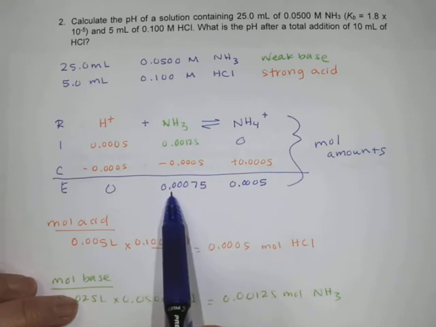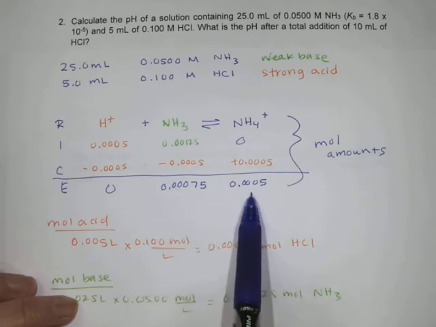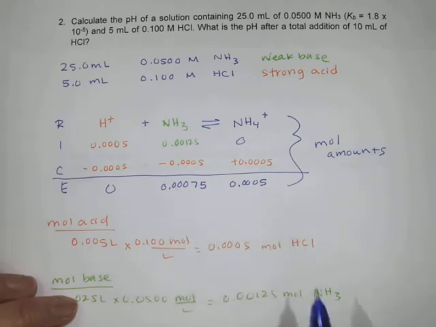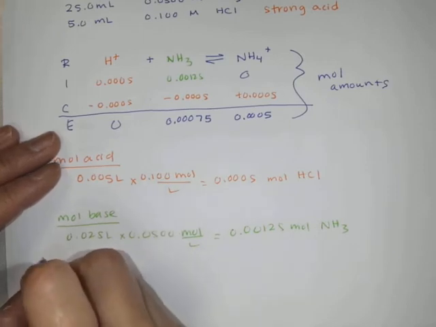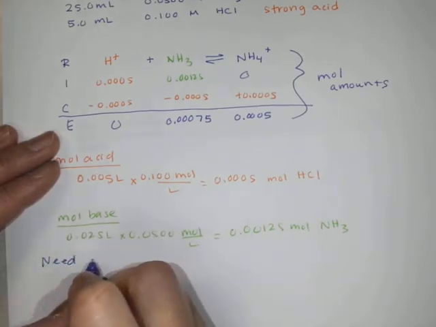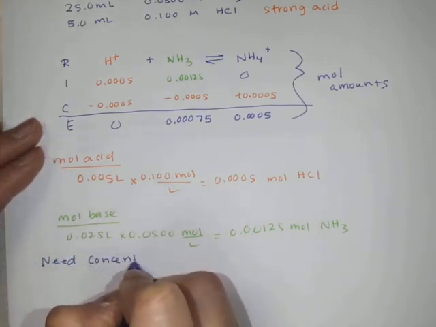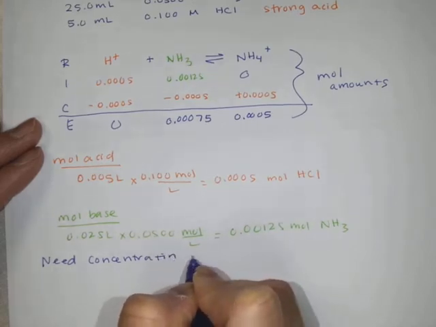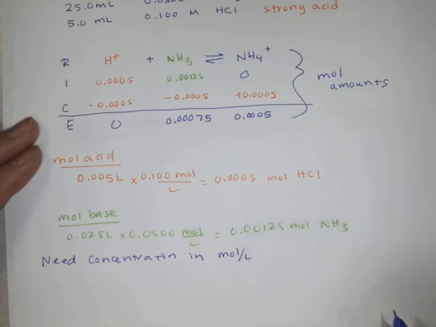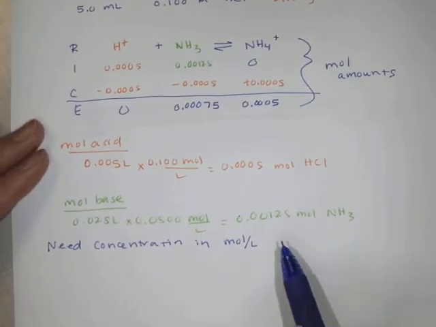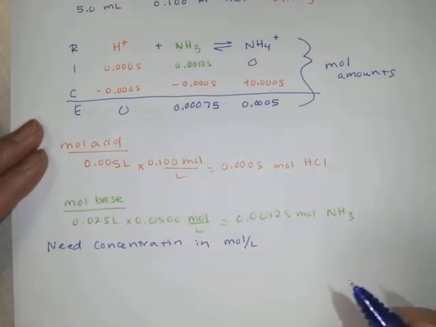We have 0.00075 and then 0.0005 for that. So again, we need to put them into molar amounts. So we need concentration in moles per liter. And then again, you're just going to do that by taking the moles divided by the total volume.